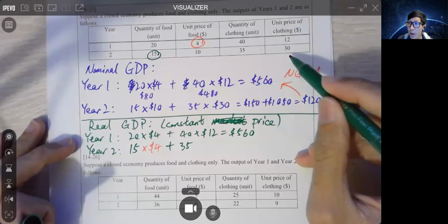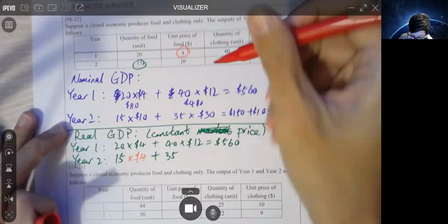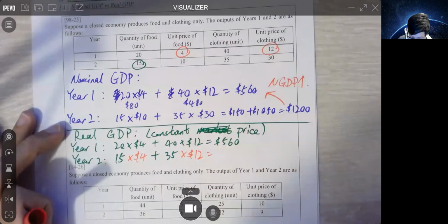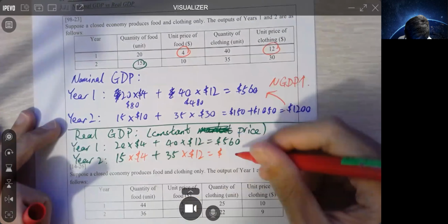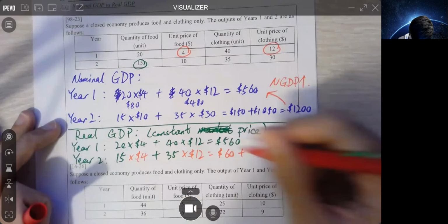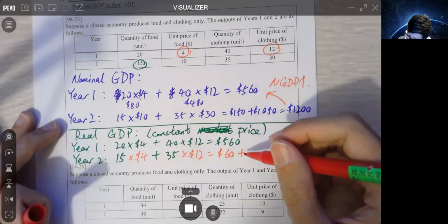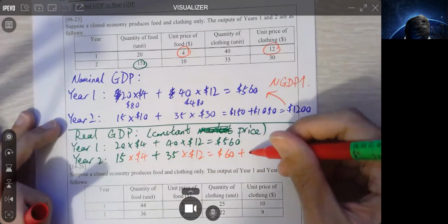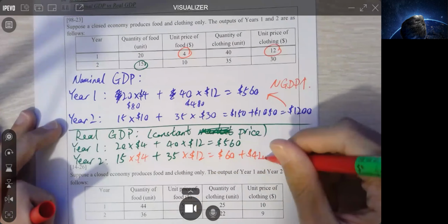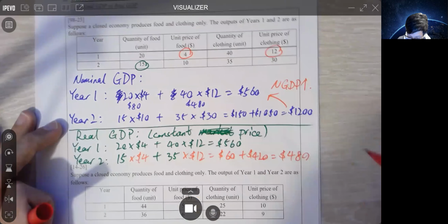Instead of times 30, we're going to use the constant price times 12, which would give us 60 plus 350 plus 70, I think this should be 420, right? Will give us the answer of 480.